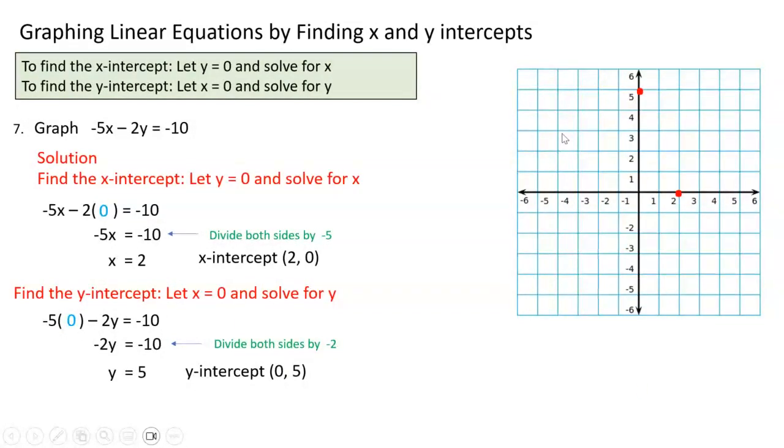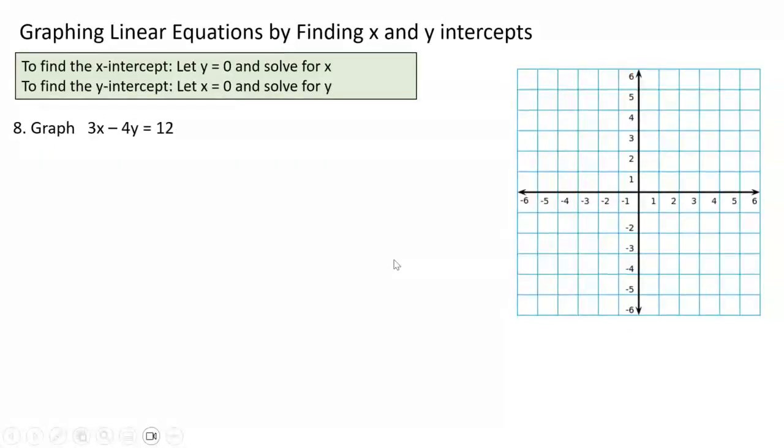And we connect the 2 points. That's my line. If you notice, this was the same one as the one that we just did. But for number 6, we did it by solving for y, or putting it in y equals mx plus b form, and then we graphed it, but you can do it this way.